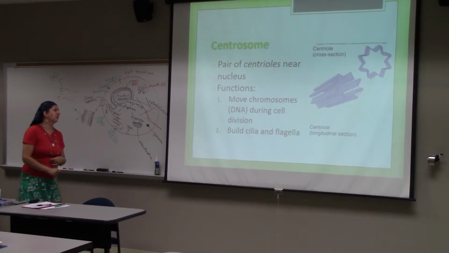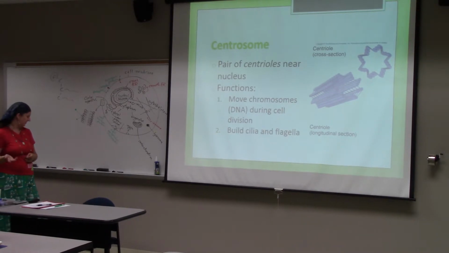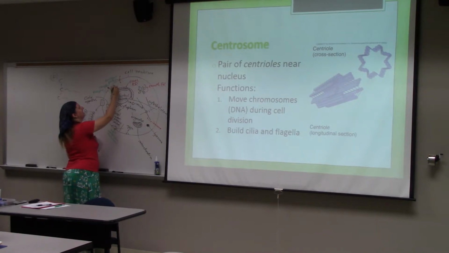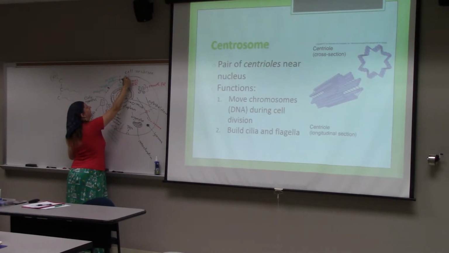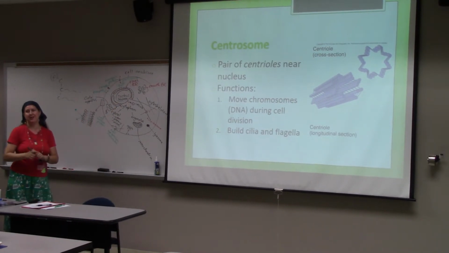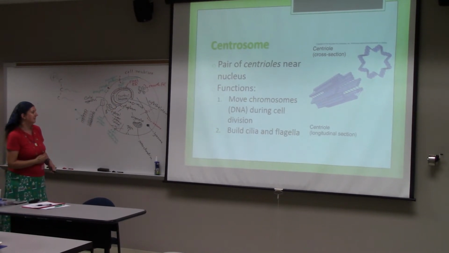The centrosome, also called centrioles, is a pair of cylinders near the nucleus. They're always at right angles to each other. Centrosome is center body because it's near the nucleus.